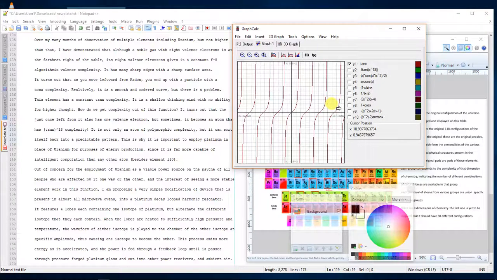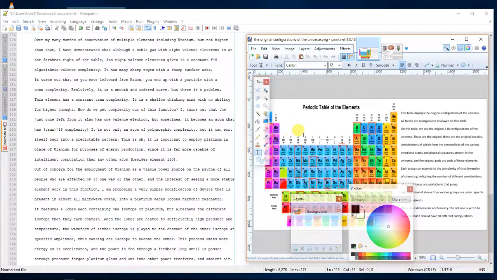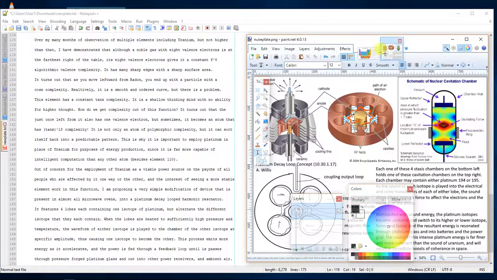Out of concern for employment of uranium as a viable power source on the psyche of all people who are affected by it one way or the other, and the interest of seeing a more stable element work in this function, I'm proposing a very simple modification of a device that is present in almost all microwave ovens into a platinum decay looped harmonic resonator.